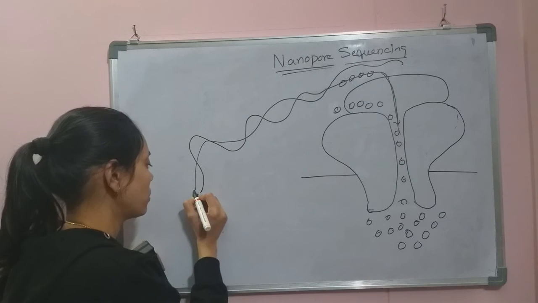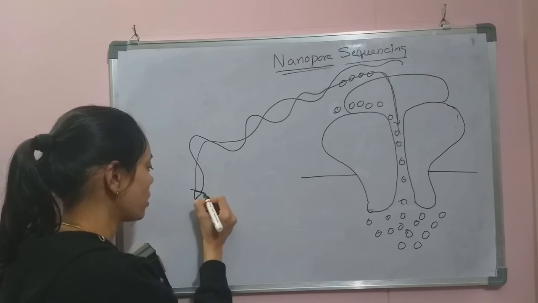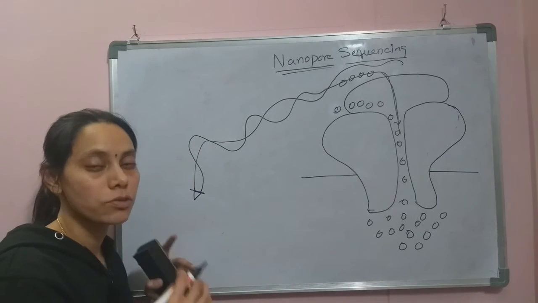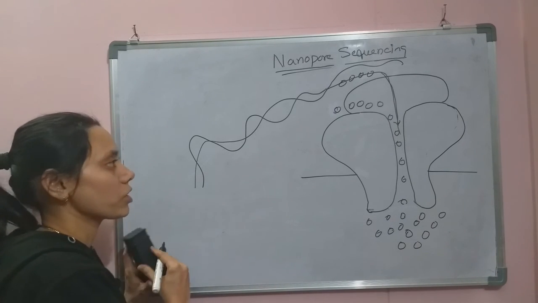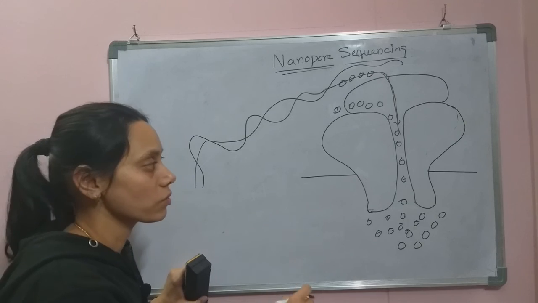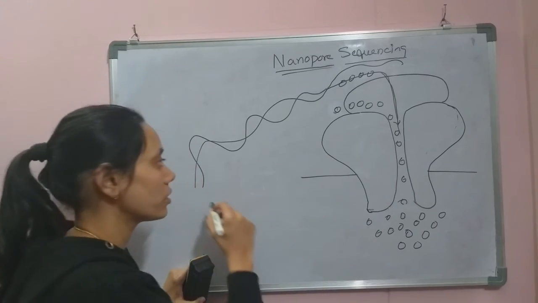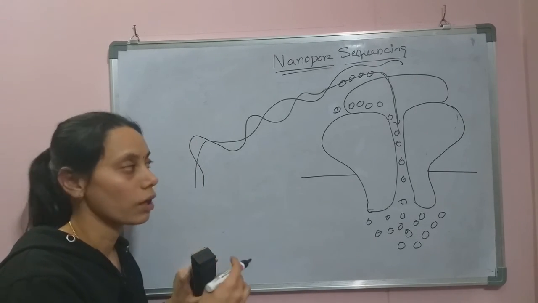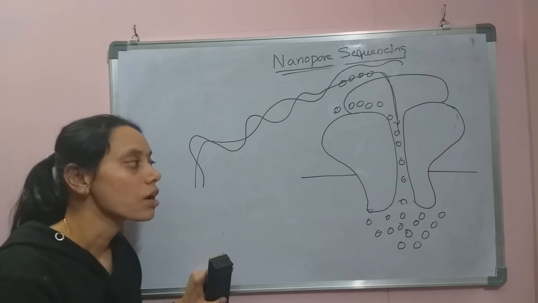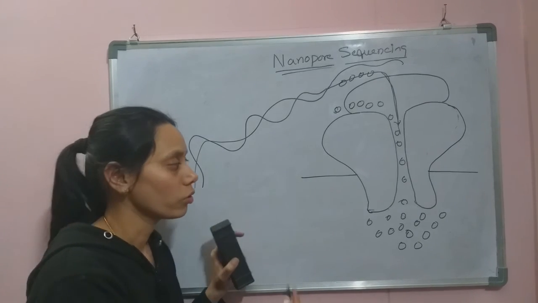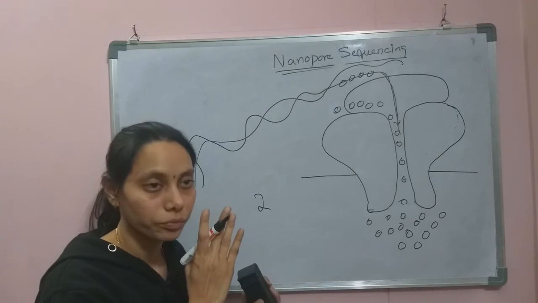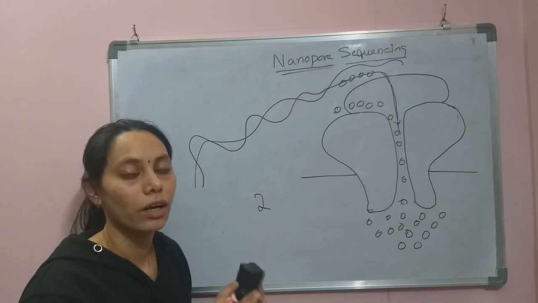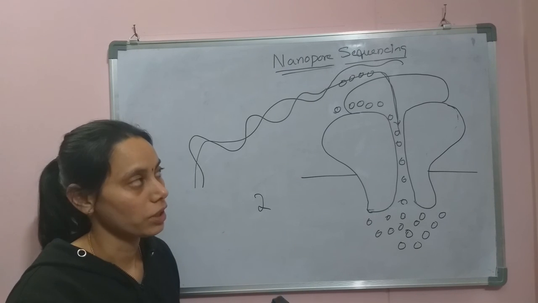That means there will be a structure which clips these 2 strands together, so once one strand of DNA passes through, the other strand is also allowed to pass through the membrane. That means for every single DNA molecule, at least 2 sequences will be obtained: one from one strand of DNA and the other from its complementary strand.